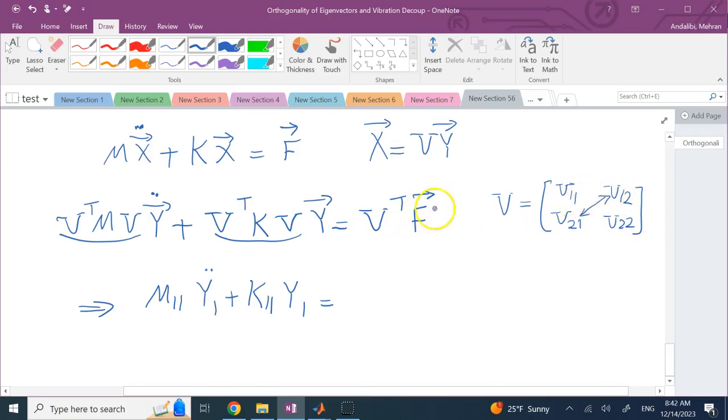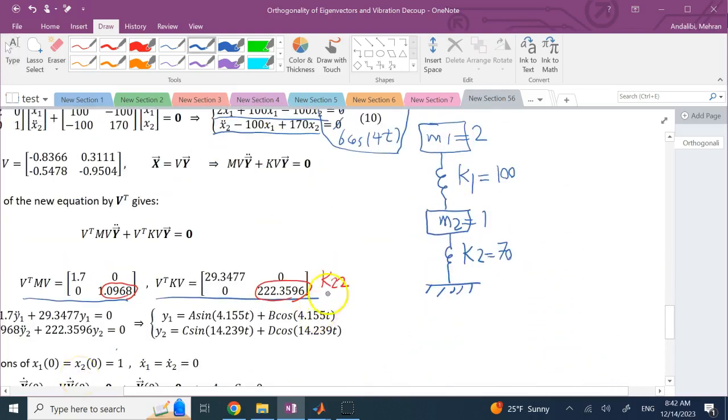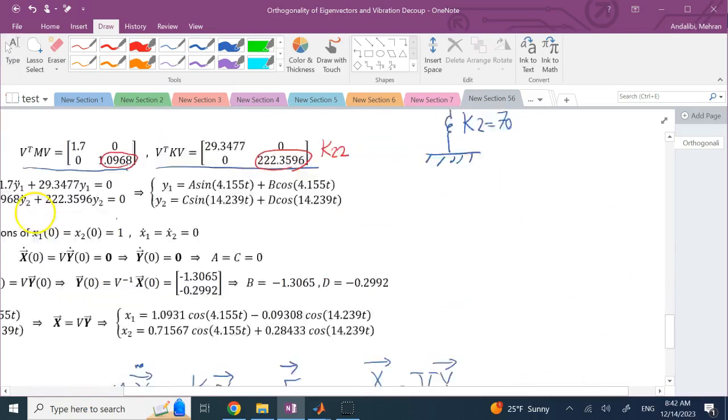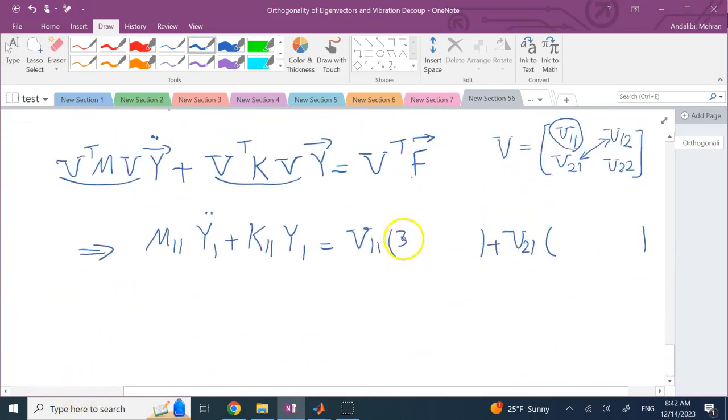And when you multiply it by F, then V11 will be multiplied by the first element in F, V21 is going to be multiplied by the second element in F. And remember those numbers we used were 3, 5, 6, 4.